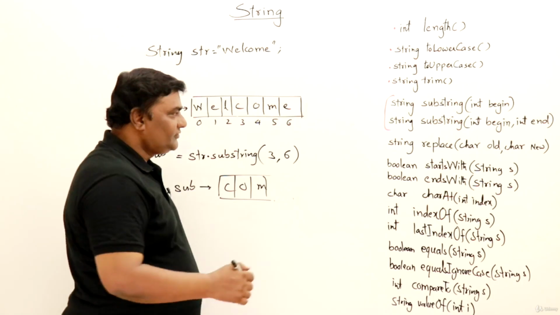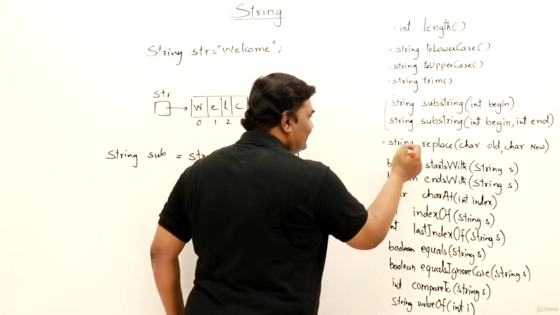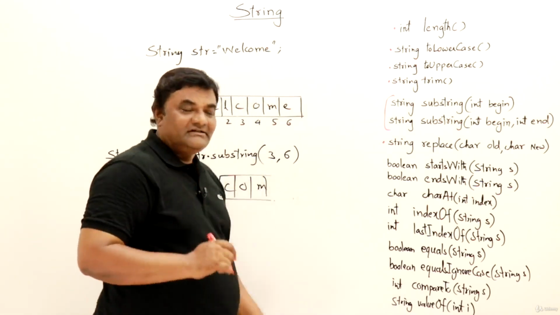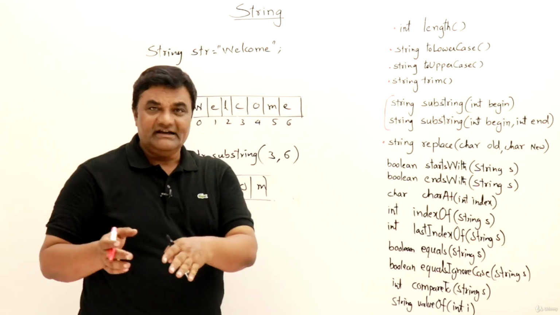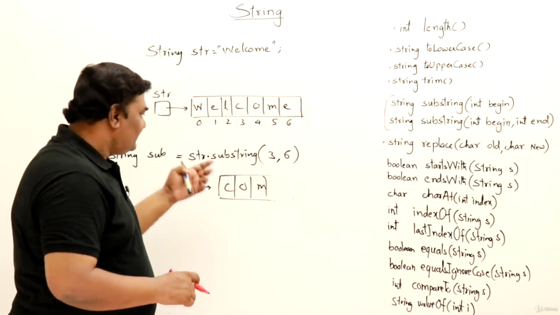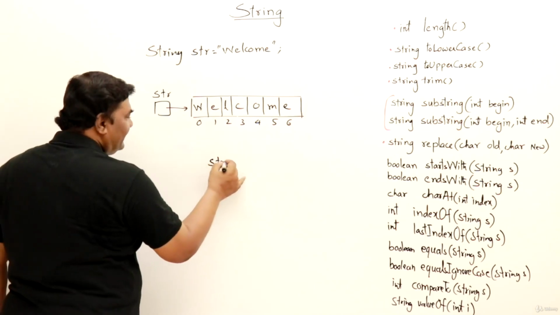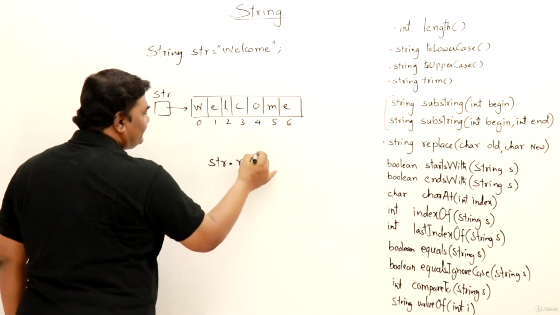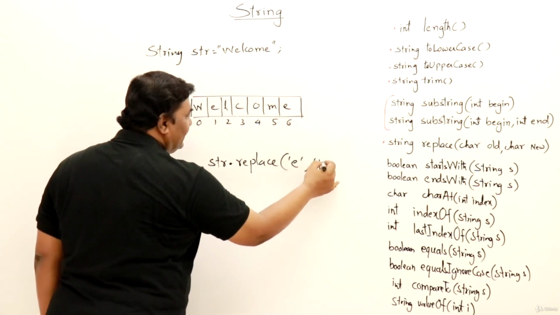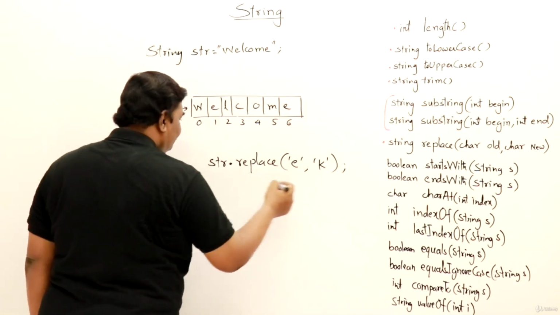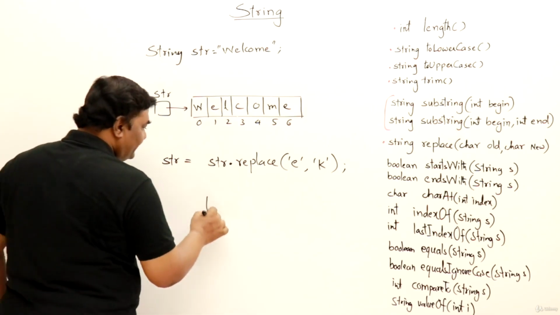Now the next method I will show you is replace. This method takes the old character and the new character, and it will replace every old character with the new character. Let us apply that method on the same string. I'll just remove this. If I say str dot replace letter E with letter K, and take the result in str, what will be the new string?